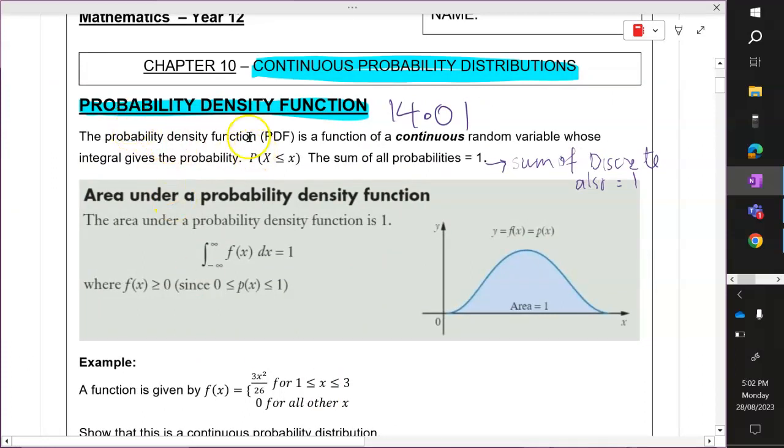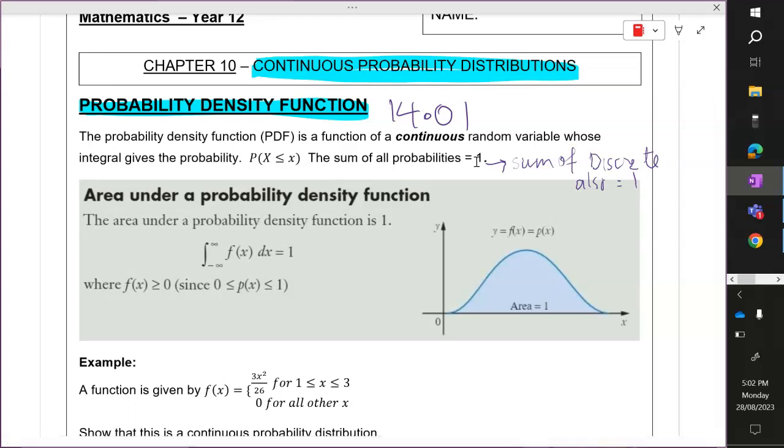So the PDF, or the probability density function, is a function of a continuous random variable whose integral gives the probability of X less than or equal to x. That'll make more sense soon, and the sum of all probabilities is 1. So in our discrete PDFs that we looked at in Year 11, we had a tabulated form of probabilities, and the sum of our probabilities was equal to 1.